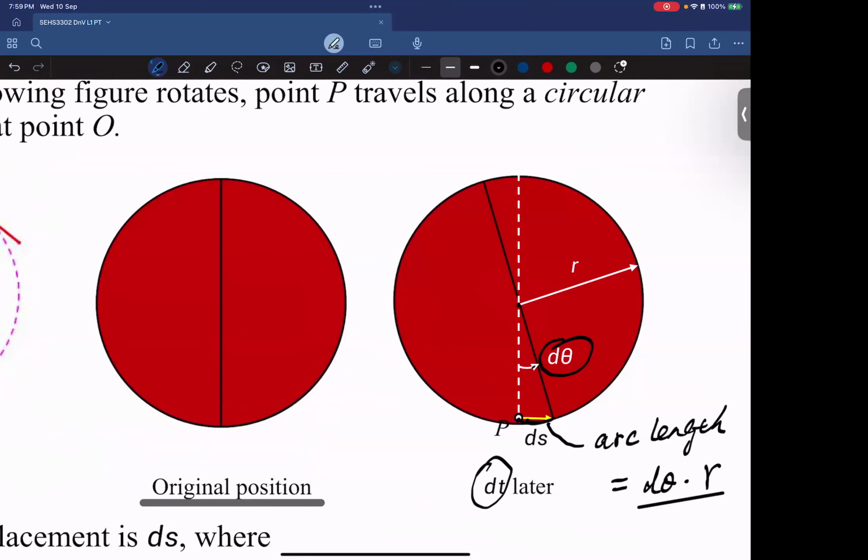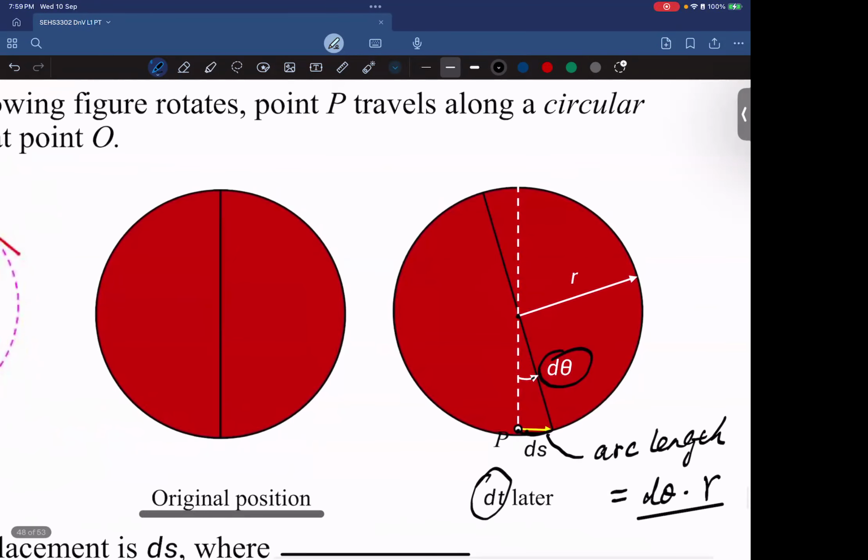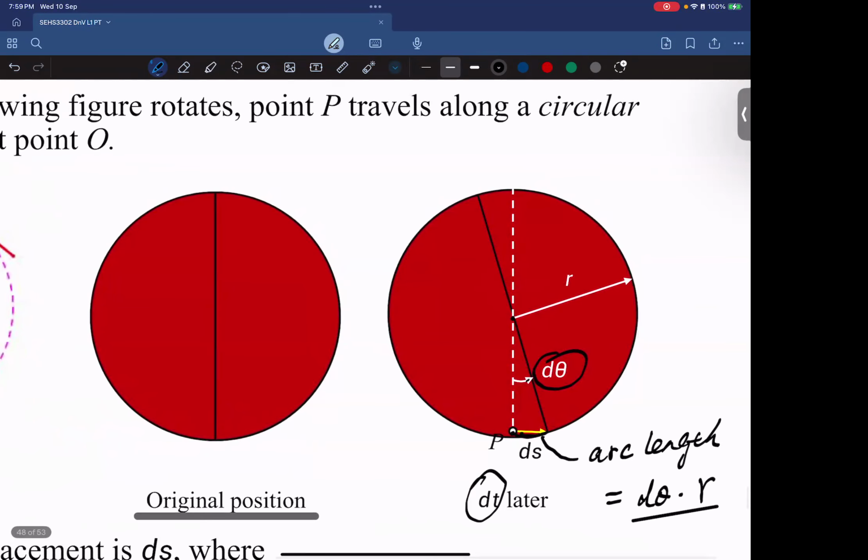Now we want to know the speed of point P. Because it is very small, we can use the arc length to replace this yellow displacement.